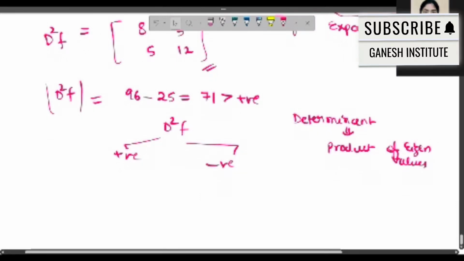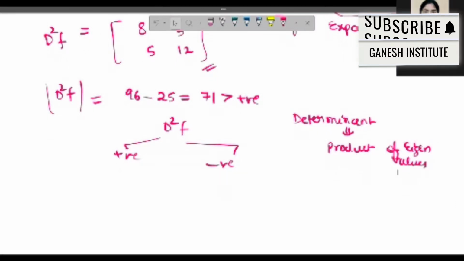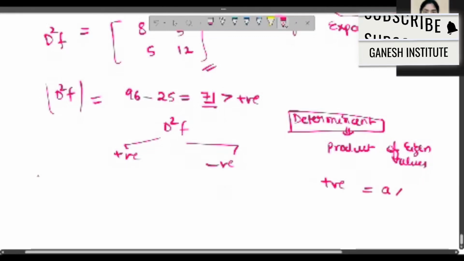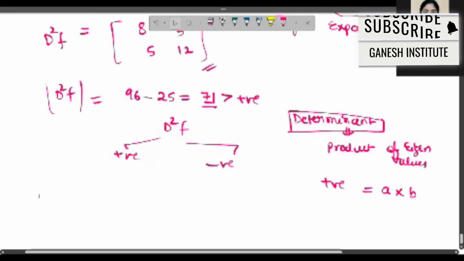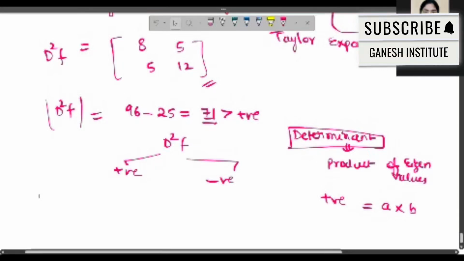My main purpose is to get at the definiteness. So I'll find the determinant, which is actually the product of eigenvalues. For a square matrix, generally, it is the product of eigenvalues.